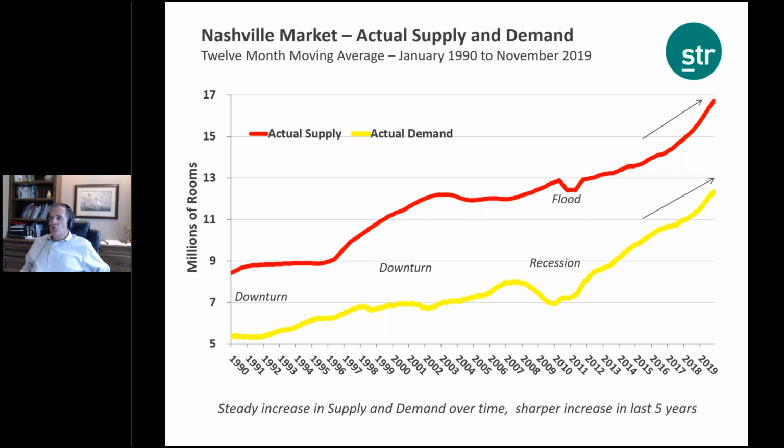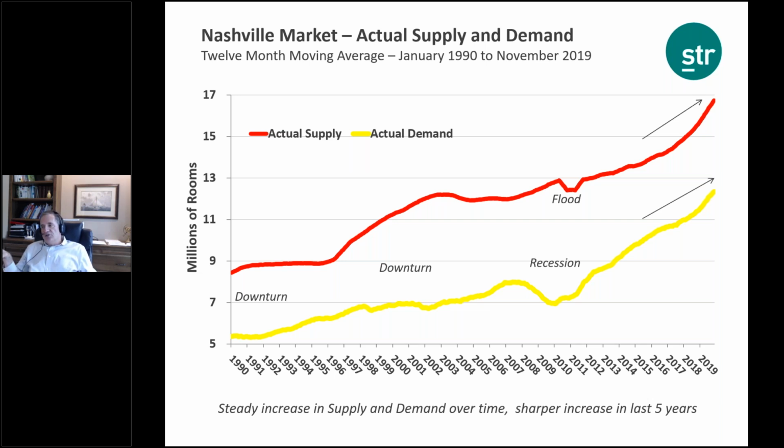We saw the supply gradually increased over time, a small dip during the flood. Demand increased throughout most time periods, but during the recession, it did dip down a little bit and then recovered about a year later. So that's now going up.